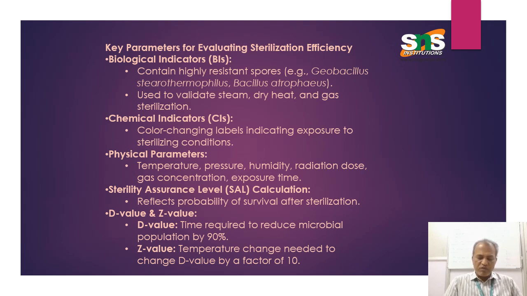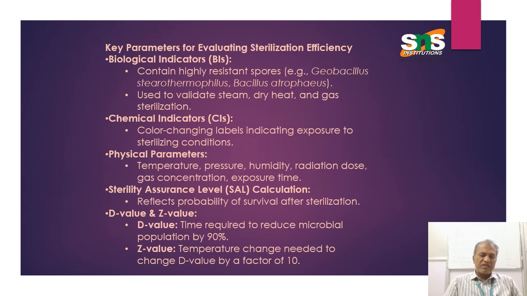Next, of course, we know the physical parameters: temperature, pressure, humidity, and radiation dose, which is only for the radiation area. Next, gas concentration, for example ethylene oxide, and exposure time, how long the items are exposed to the sterilization process. Next, of course, to identify the SAL calculation.